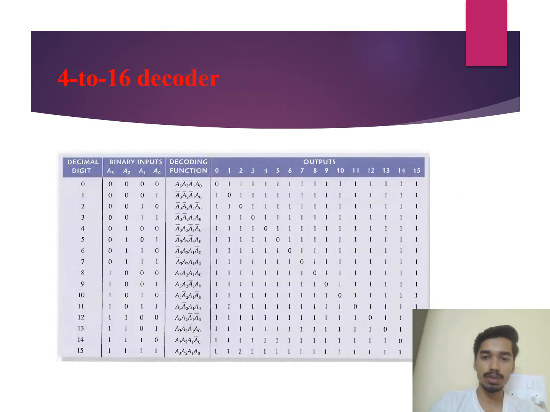So this is a 4 is to 16 decoder, not in our syllabus, but still for knowledge. We are giving the first input 0, 0, 0, 0, and here also we are getting y0 as 0. These are all the binary representation of the number. Like 15, for which we have the binary representation 8, 4, 2, 1, so the sum will be 15.